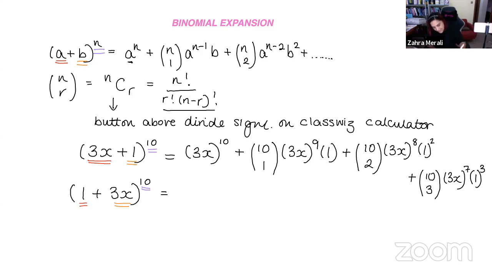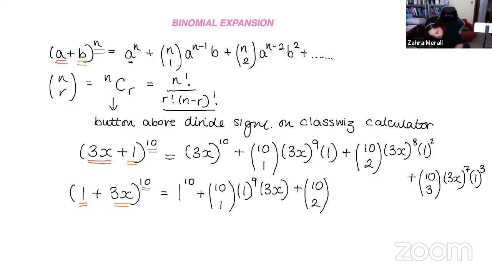So we're going to get a to the power of n, so 1 to the power of 10, and then 10C1, 1 to the power of 9, 3x, and 3x on its own, 10C2, I'm just going to erase this so we've got some space and I don't confuse it.